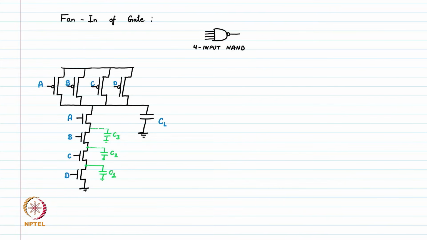So along with the load capacitance CL, we have intermediate capacitances C1, C2 and C3 wherever we see the junction of two devices. Here these are the junctions between A and B, here B and C, here C and D. So we have three junction capacitances. This kind of model is the distributed RC model, and sometimes we use it for calculating the delay, that's called Elmore delay.